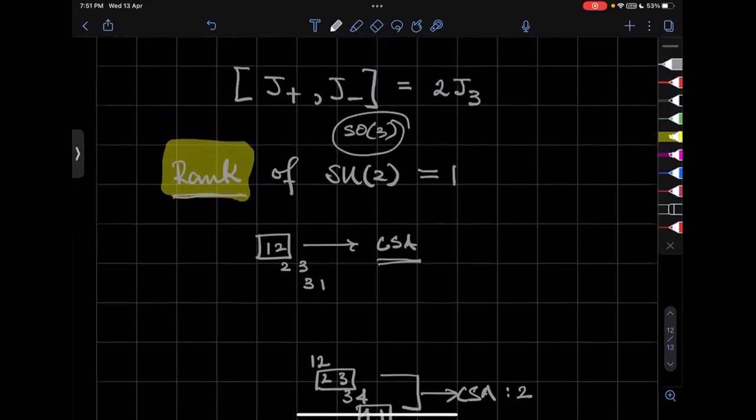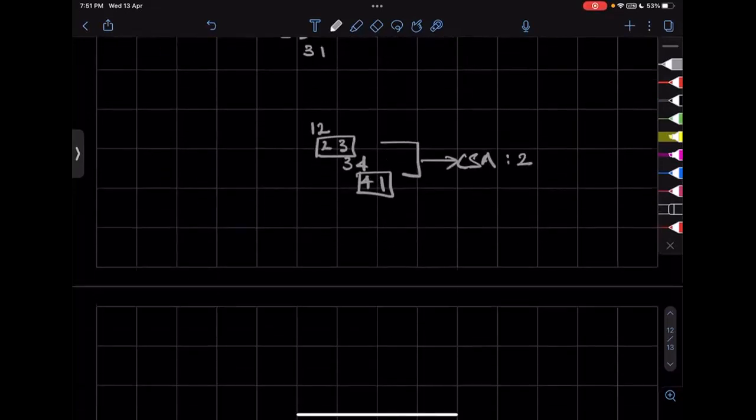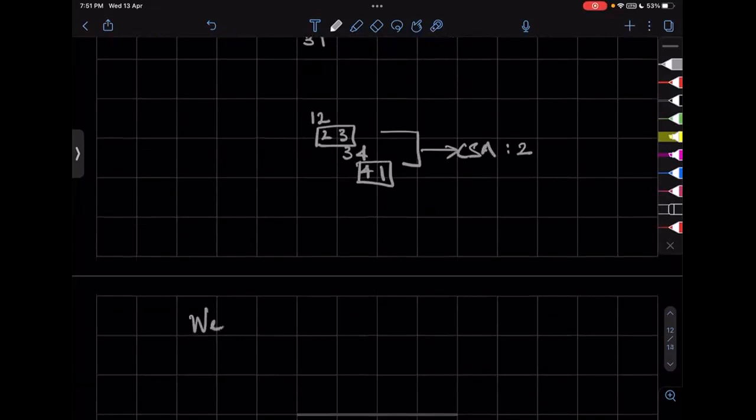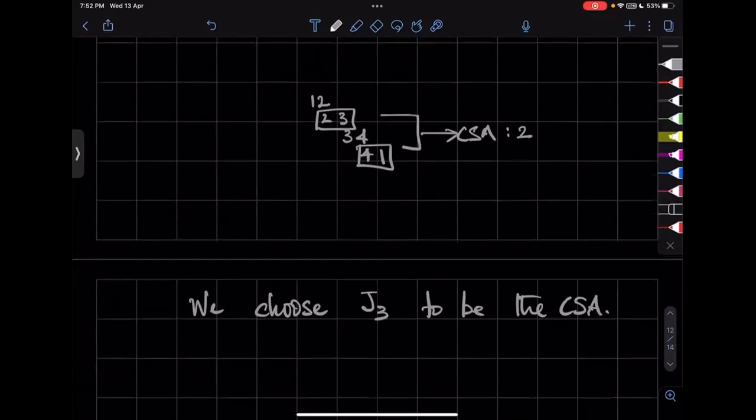There is only one element of our Cartan subalgebra, and we can choose any one. We choose J3. This is an arbitrary, conventional choice.